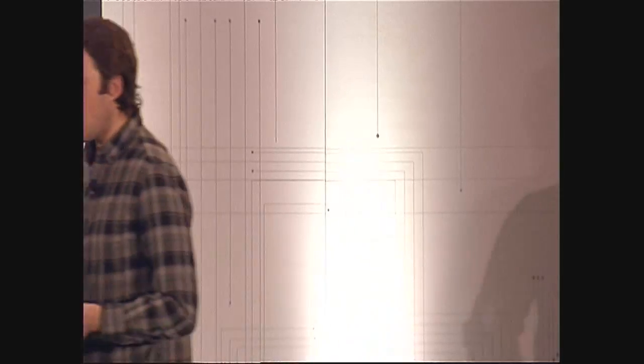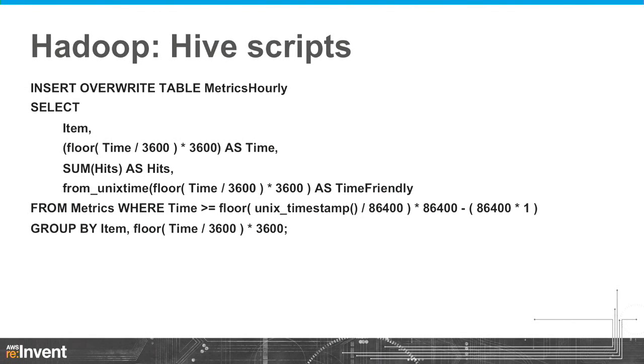If you look at the Hive script that we were using, you're able to code against Dynamo as if it were a SQL table. This is exactly like SQL query language, but this metrics hourly table that we're talking about is actually a DynamoDB table.